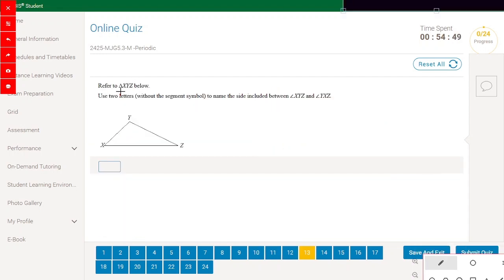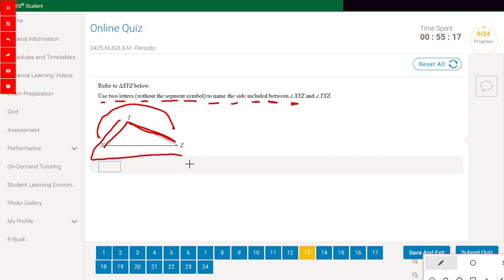Refer to triangle XYZ. Use two letters without the segment symbol to name the side included between angle XYZ and angle YXZ.